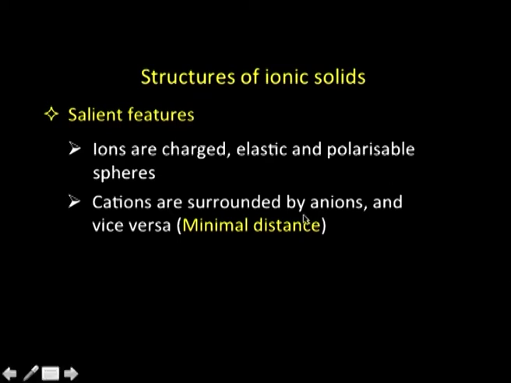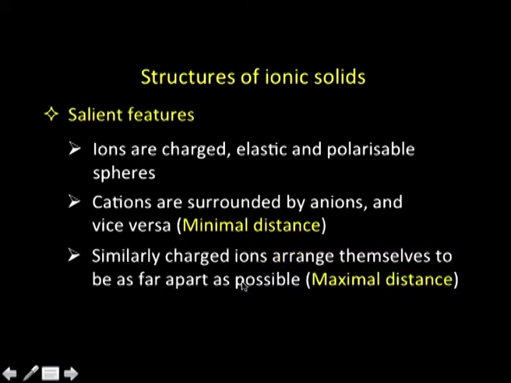What is important is that the two will be so closely packed that there will be minimal distance, that is, the opposite charges will have a minimal distance between each other. And secondly, similarly charged ions, anion or cation, will try to arrange themselves so that they are as far apart from each other as possible, for stability reasons. If 2 anions come too close, they will repel each other and the structure will not be stable.